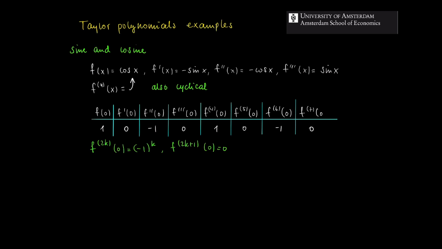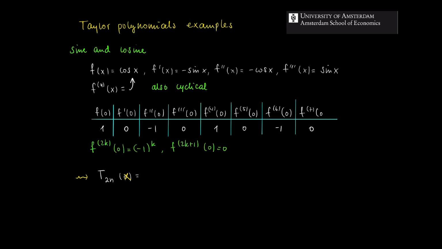Okay, so this leaves us with T_2n. So the even ordered Taylor polynomials are just given by, or in x. They should not be 0, they should be in x. Let's change that. There should be an x.